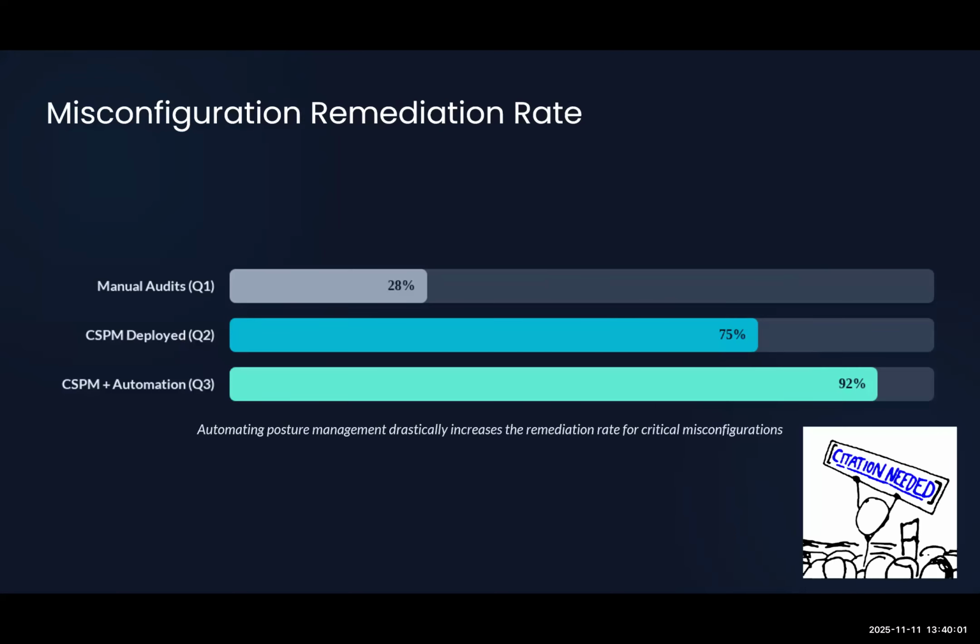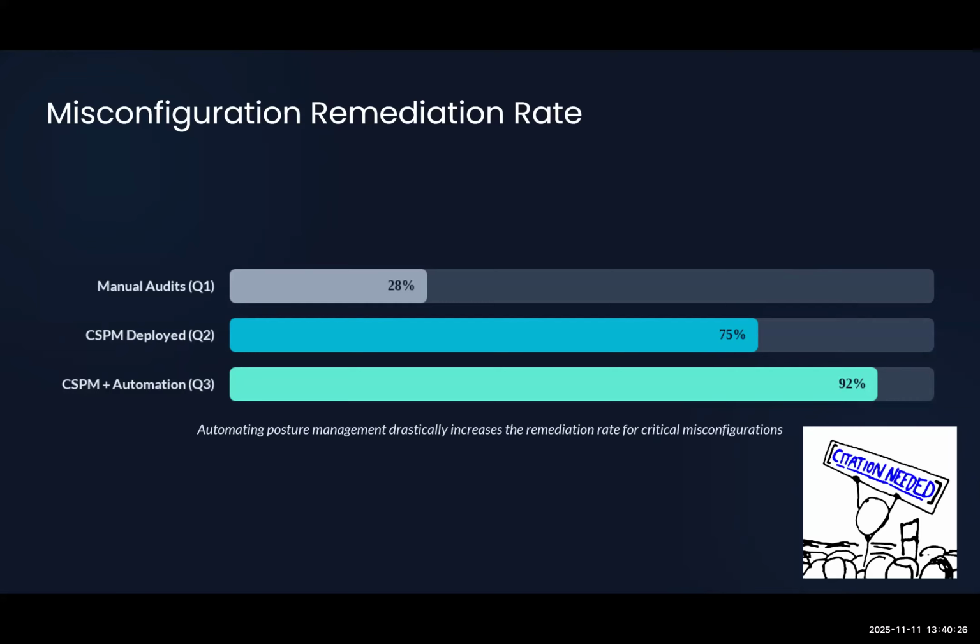Now, here is a nice little chart that shows some statistics. Citation is definitely needed for this, but if you're doing a manual audit, you may be finding some percentage of vulnerabilities. You go ahead and deploy a CSPM in Q2 of 2026, perhaps, and all of a sudden you're coming back with a lot less. You're remediating a lot more vulnerabilities.